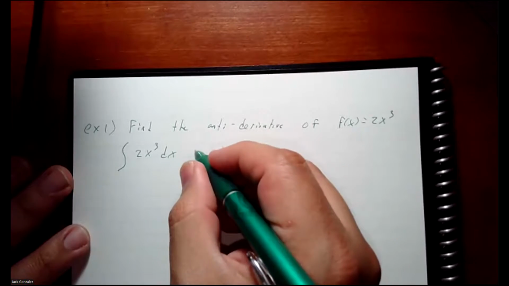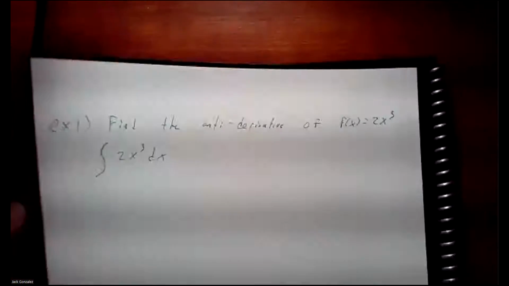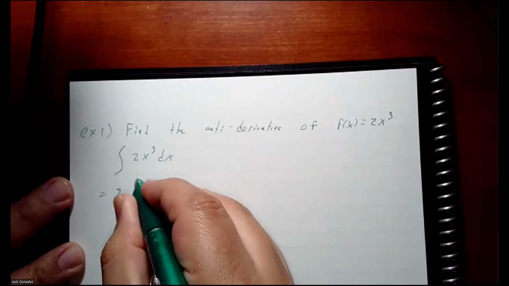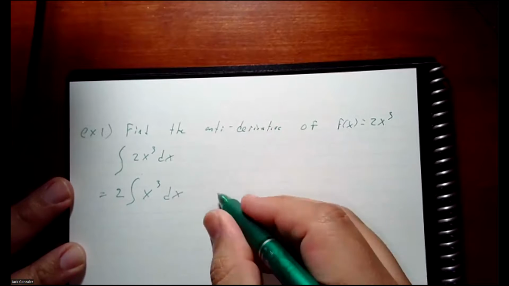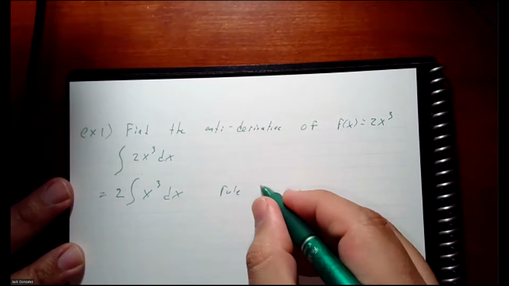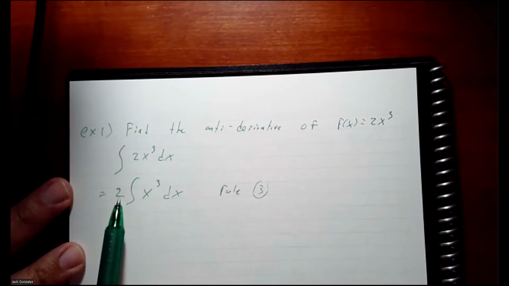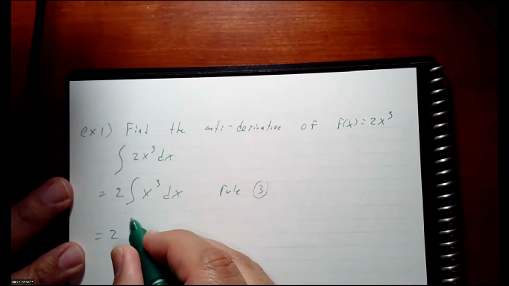So remember rule number 3. It says you can pull the 2 outside and focus on the inside. Factor out constants outside the integral. After that, use the power rule.